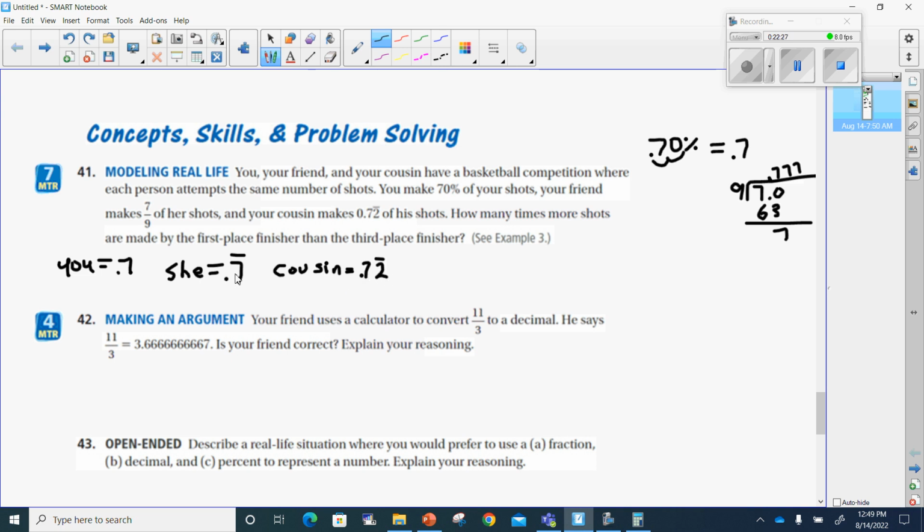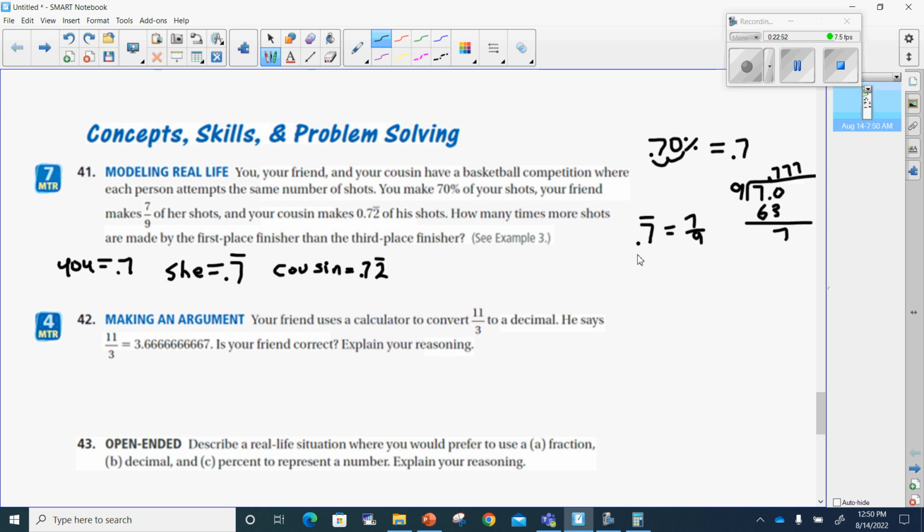So first place went to the girl, 0.7 repeating, and that was equal to 7 over 9. That will be important later. The last place person looks like you, because 0.72 repeating is bigger than 0.7.